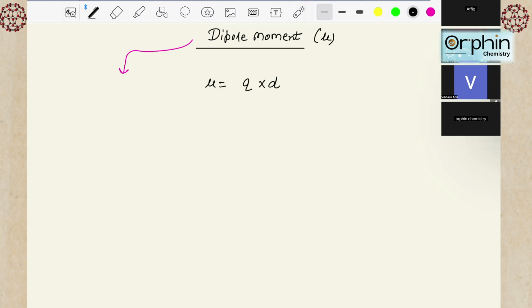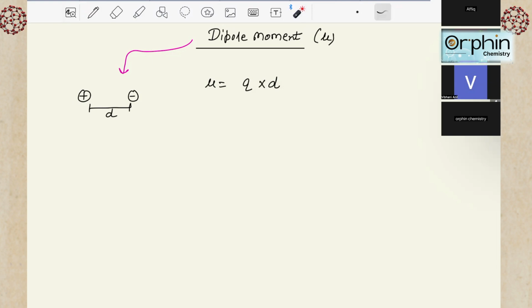So when two charges, positive and negative, are separated by some distance d, this is a dipole. When they are separated by d distance, the numerical value which we calculate is known as the dipole moment. And there are two things. One is the magnitude of the charge, how much charge is there.